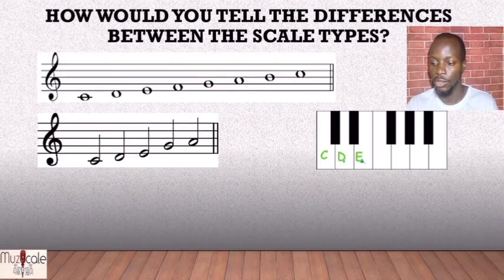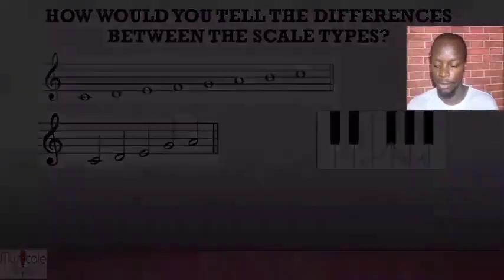From E straight to G, you have 3 semitones, a semitone between E and F, a second semitone between F and F sharp, and the third semitone between F sharp and G. So we have 3 semitones between E and G, and this is G, and this is A. It's a tone. So this is a pentatonic scale.